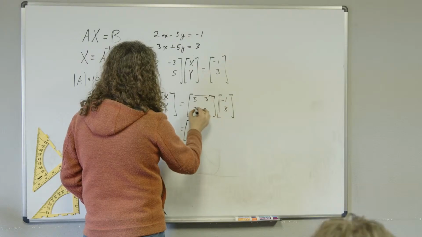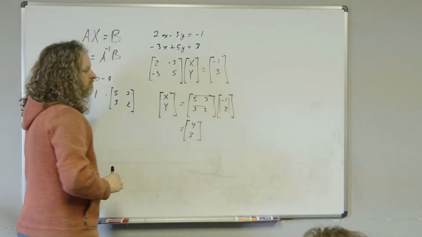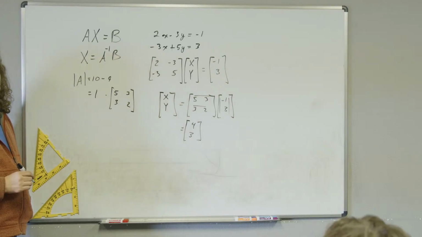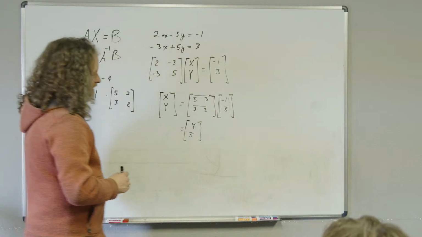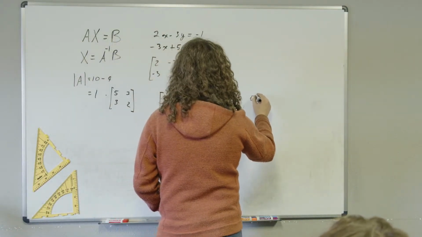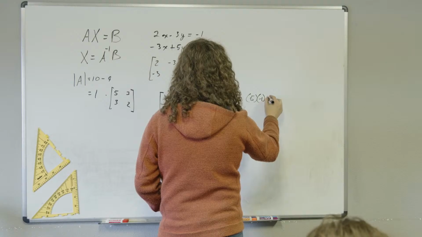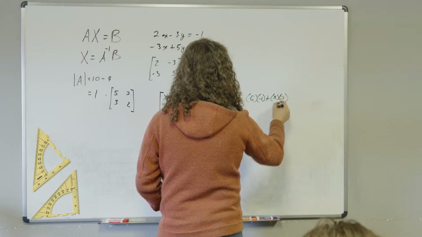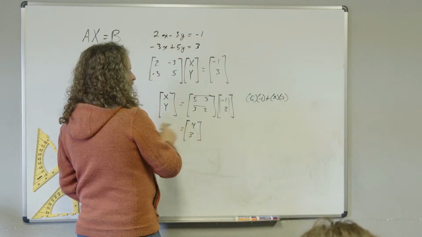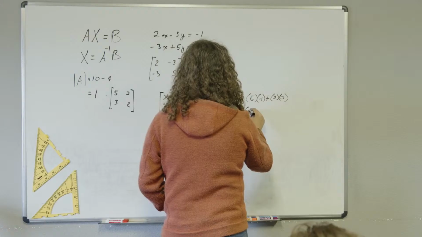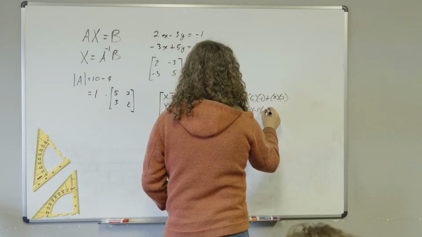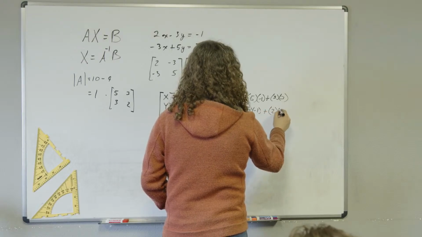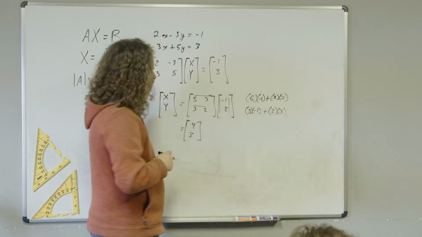Row by column, and then row by column. Can you write out the process? 5 times -1 plus 3 times 3, which is 4. And 3 times -1 plus 2 times 3, which is 3.